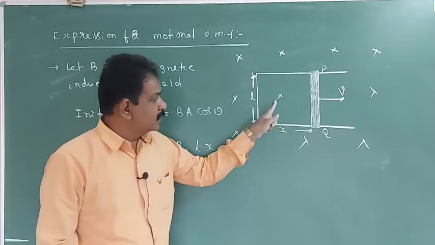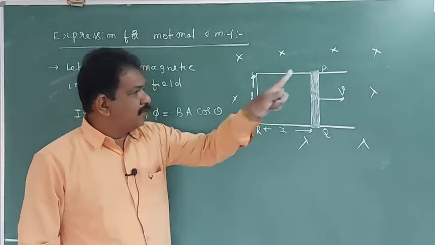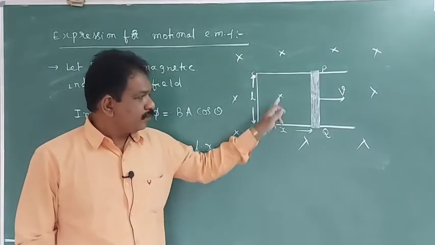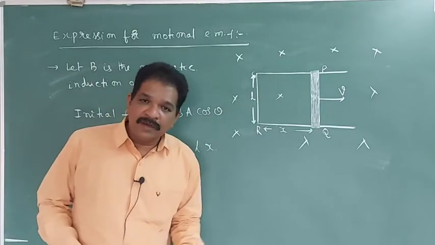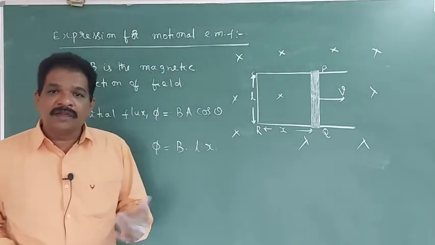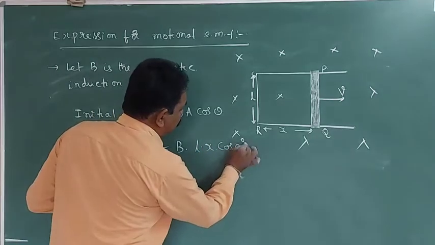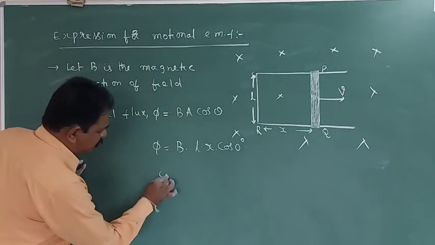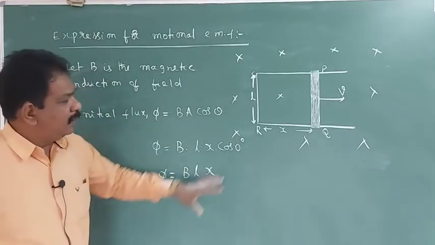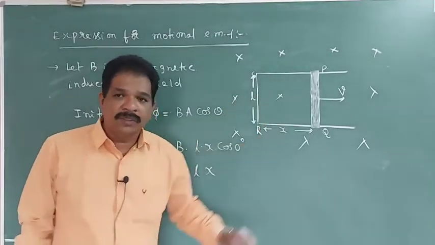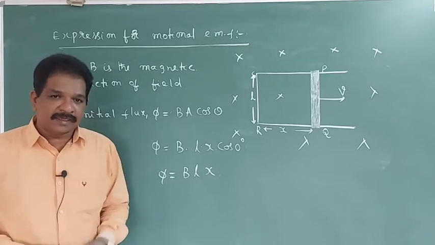Why 0? The field is normal like this, and the area vector will also be normal to the plane. So the angle between the area vector and the field is 0, so this will be cos 0 degrees. So the initial flux with this closed circuit is BLX.